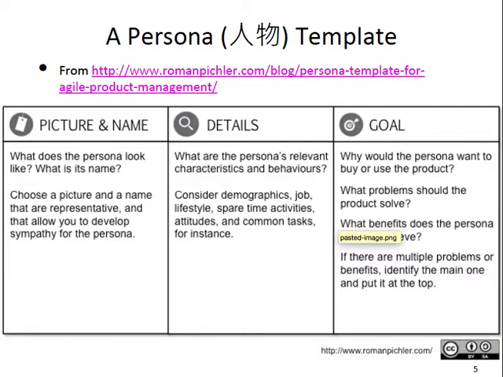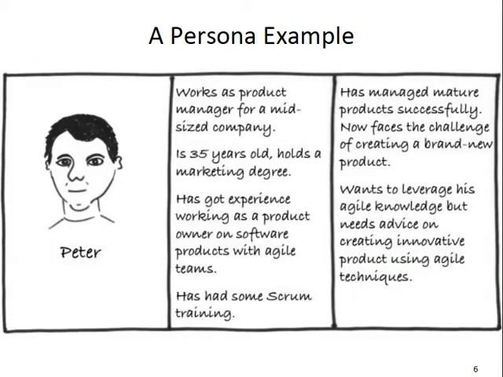So whenever the designer tries to decide, is this product good? Is this product going to serve my customer well? Then the designer can pretend that he is Peter. He's trying to do this, and he has this background. So this will help us increase our chance of designing something that will meet the needs of a hypothetical user.